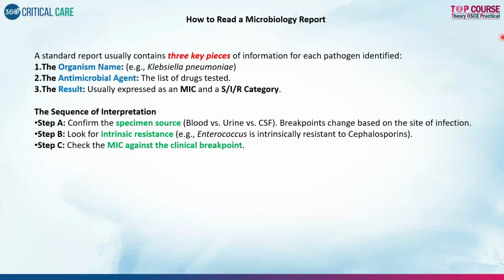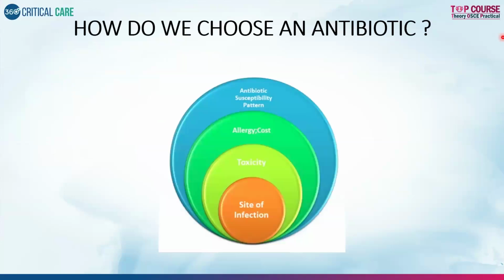This is how you have to look at an antimicrobial susceptibility report. Choosing an antibiotic starts from the site of infection, then other issues, like if the patient has CKD or liver issues which can worsen toxicity, allergies, and then the AST pattern.